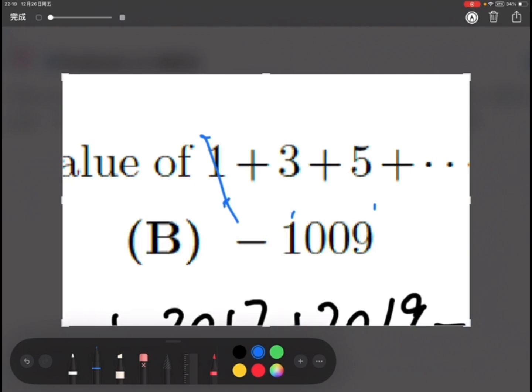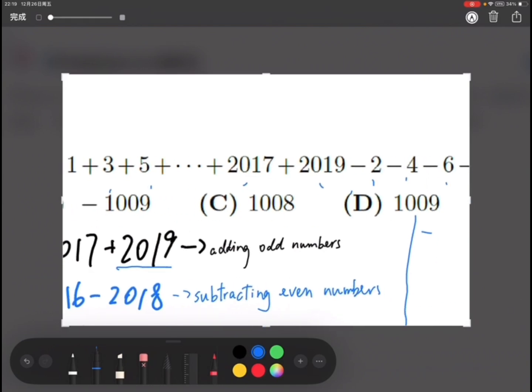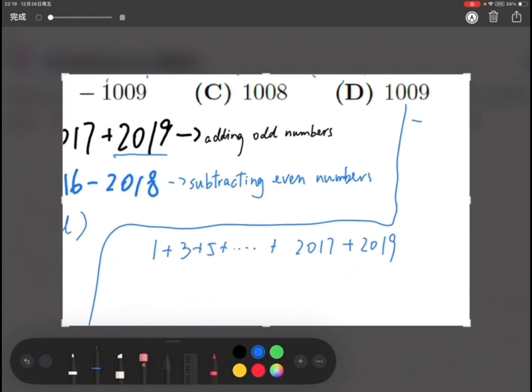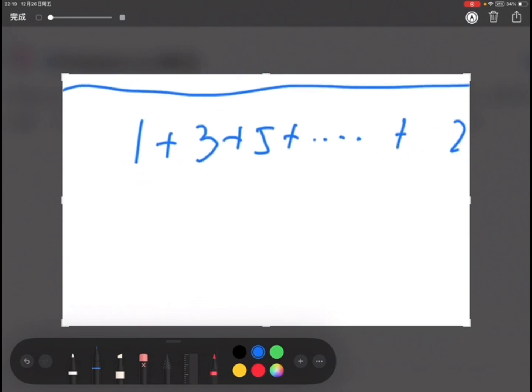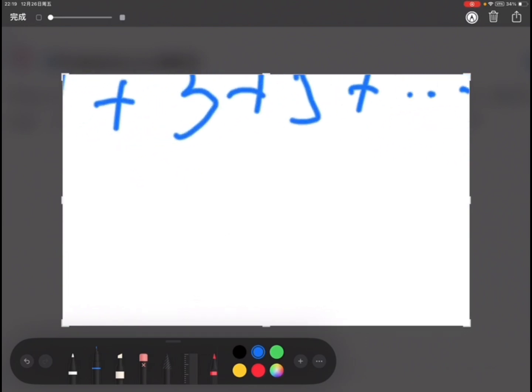And the reason we're not getting rid of 2019 and using 1 is because then we would have a bunch of -1s and an outlier at the end. So it's just easier to calculate this way.